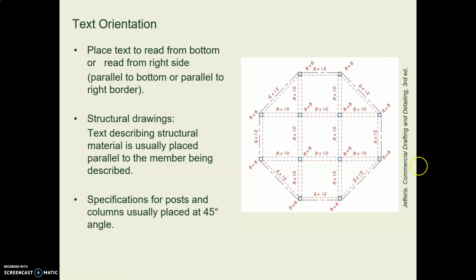So then you want to think about, okay, if you do that, what is closest to read from the bottom and read from the right? And then another thing you see in structural steel and other kinds of structural drawings is when they call out a column, they'll put the callout at a 45-degree angle. So that's weird. That's what this diagram is demonstrating, those 45-degree callouts.